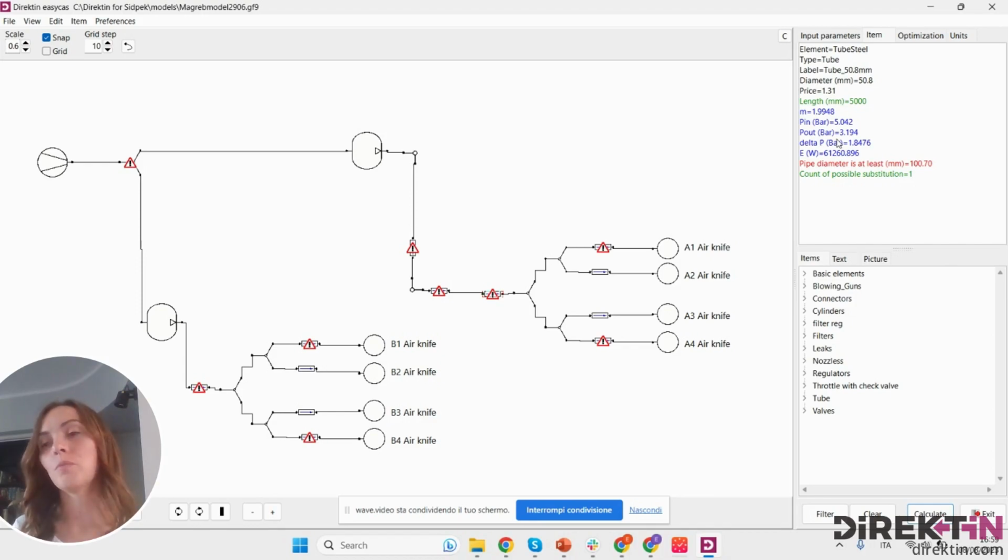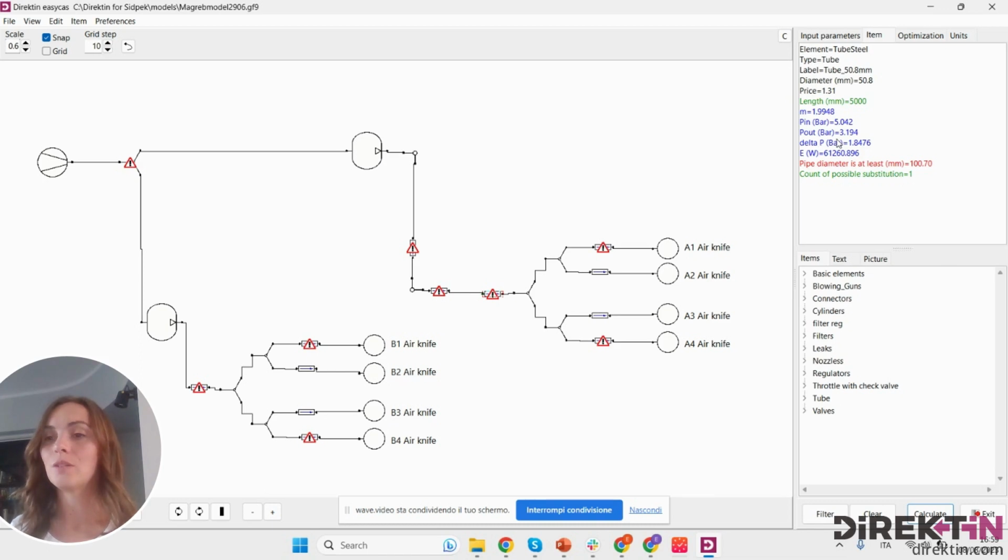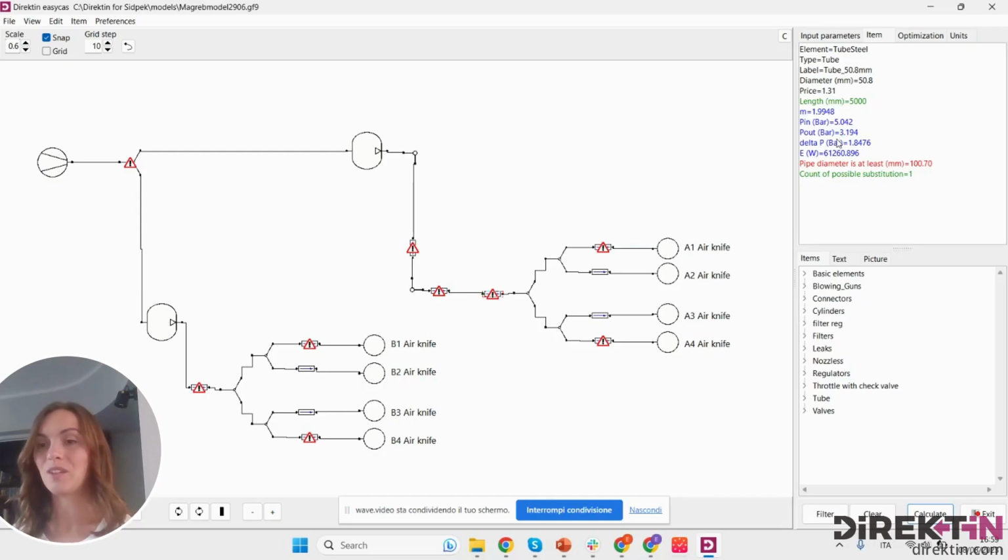We always need to remember that when installing one efficient component, we need to check the compatibility with the existing system, because an efficient component doesn't necessarily mean it will consume less, but it might require a different pressure level. It might also require a different mass flow rate, which is different from the volumetric flow rate and depends on the pressure level, and this might also cause a higher pressure drop.